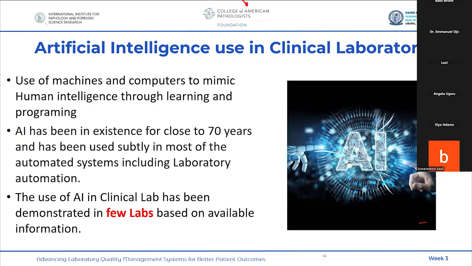We're training these machines, these computers, to be able to reason the way human beings will reason, to perform tasks that may even be burdensome to the human brain. It has actually been in existence for close to 70 years now, and has been used subtly in most automated systems, including laboratory automation.